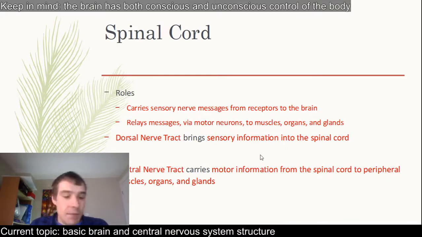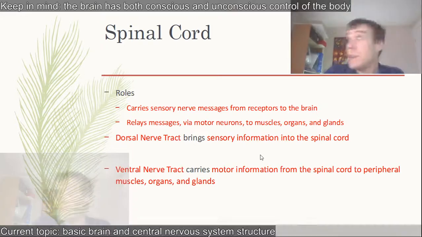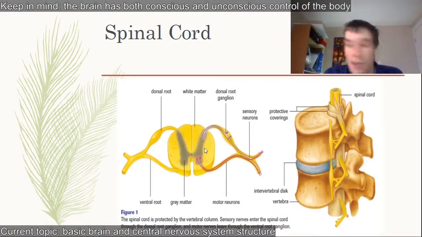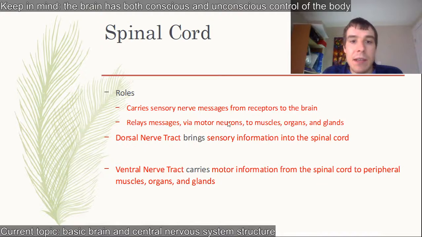Then there's the spinal cord. I'm gonna put my thing back in the corner. Spinal cord carries the messages down from the brain and brings the sensations up from the brain. The dorsal nerve tract brings the sensory information up, and the ventral nerve tract carries the motor information down, all of the conscious motor control down.